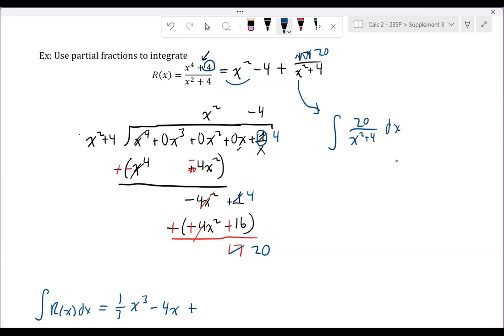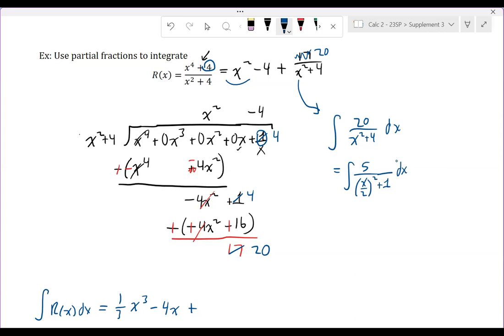I can see this looks a lot like 1 over 1 plus x squared, a lot like something that's going to be an arctan. If I divide top and bottom by 4, that might help. And I can write it this way. Dividing the 20 by 4 gives me 5. Dividing the 4 by 4 gives me 1.